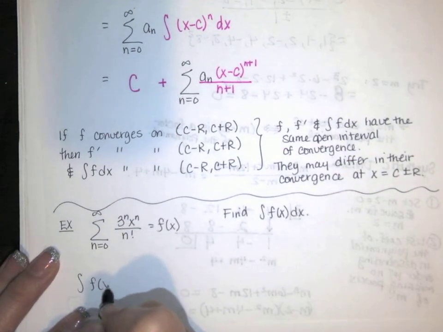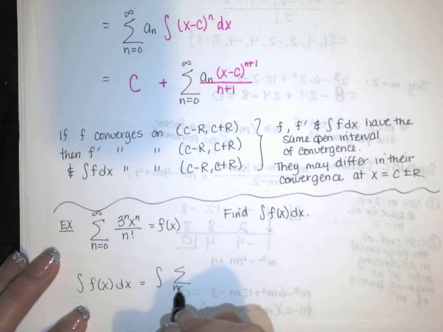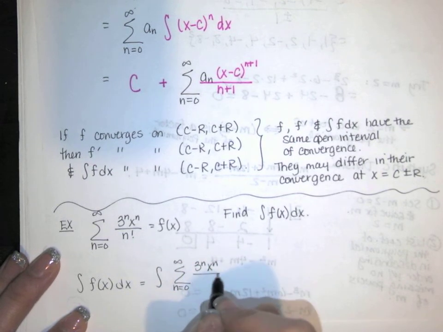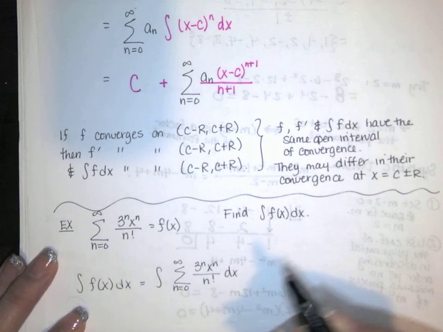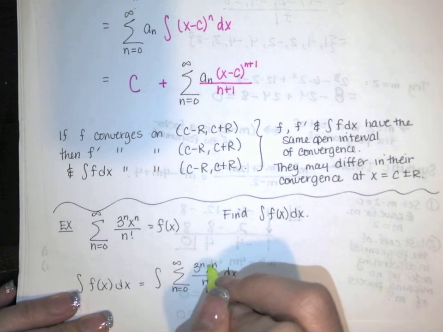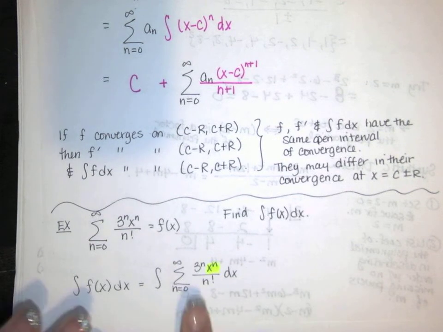The antiderivative of f is the antiderivative of this. Now again, I am just focusing on the x to the n. All the rest of that is constant.